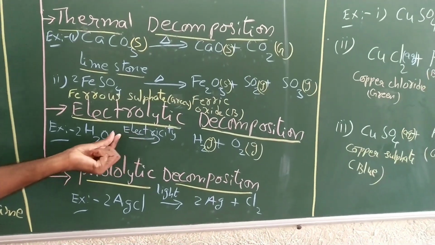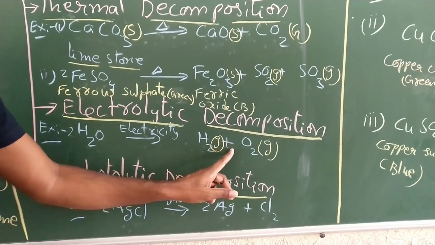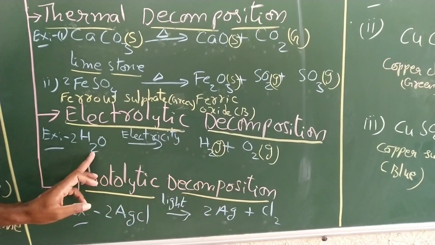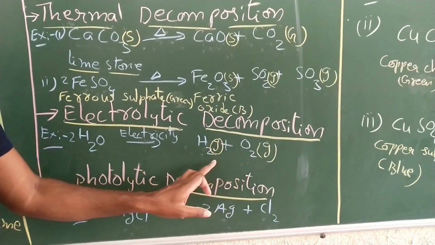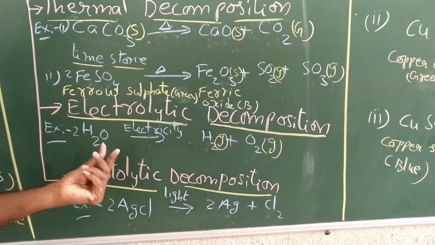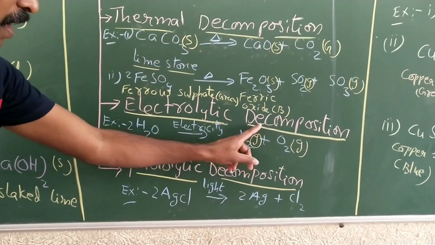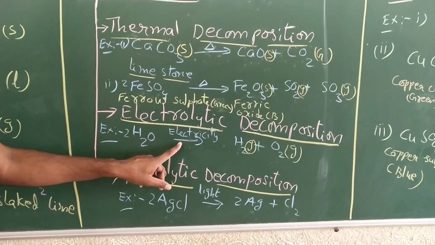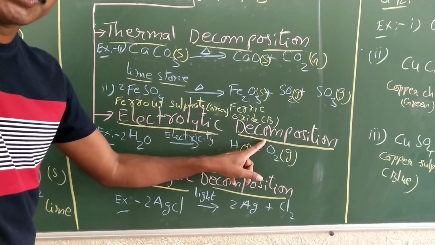When you pass electricity through water, it gives you hydrogen and oxygen, because water is made up of hydrogen and oxygen. So hydrogen and oxygen gases are produced. This type of reaction is decomposition, and because it happened due to electricity, it is called electrolytic decomposition.